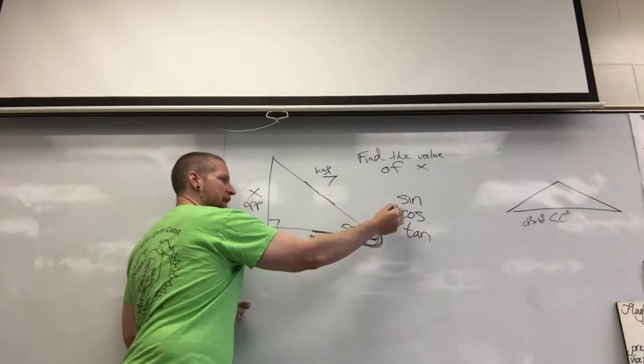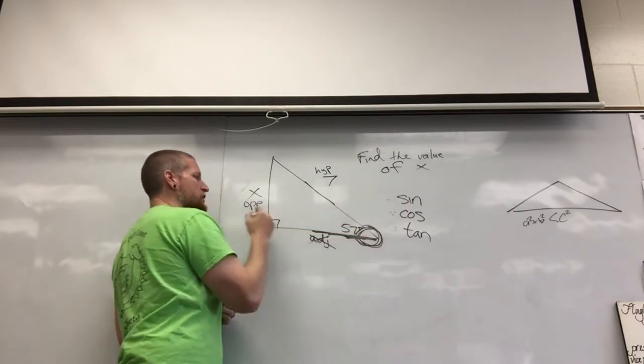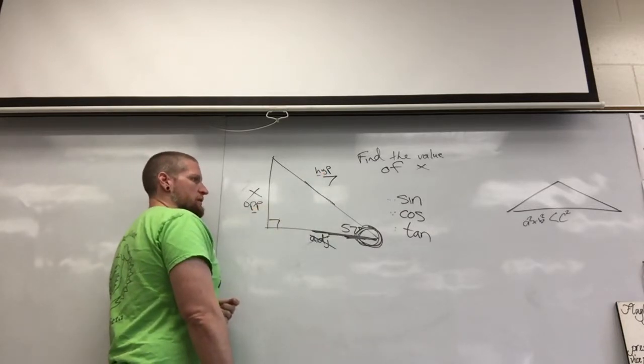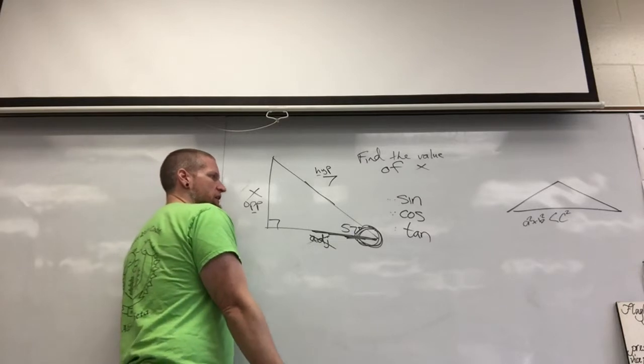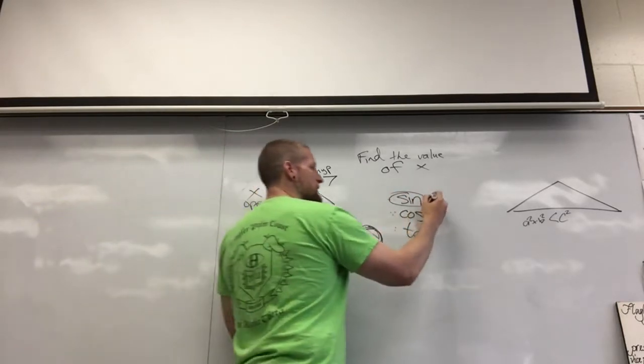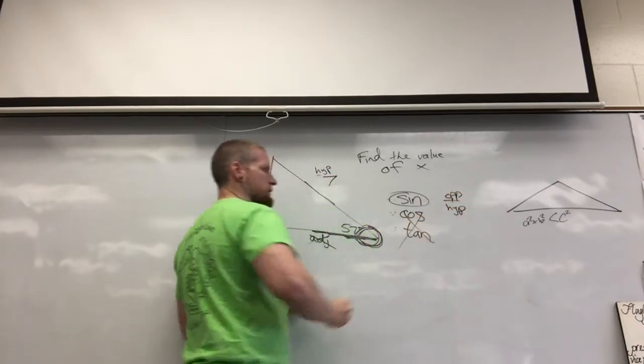The way I select which one I'm using, I have to pick the one trig ratio that uses both opposite and hypotenuse. And that would be this one, because sine is opposite over hypotenuse, so those are gone.